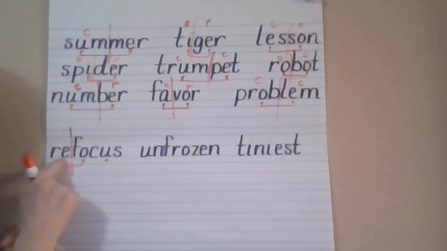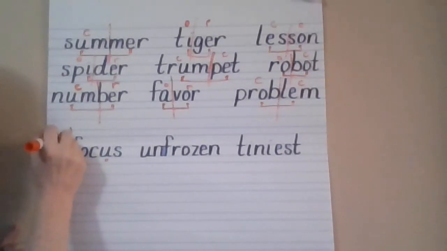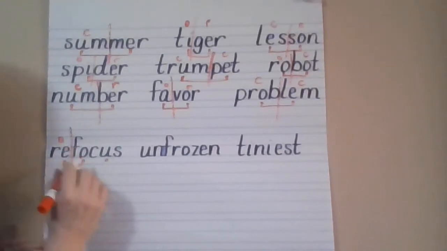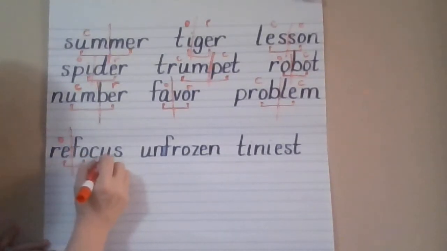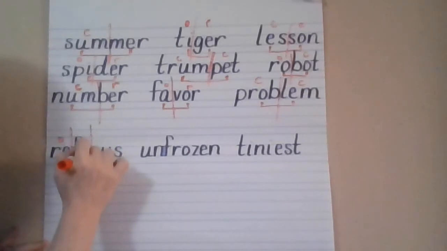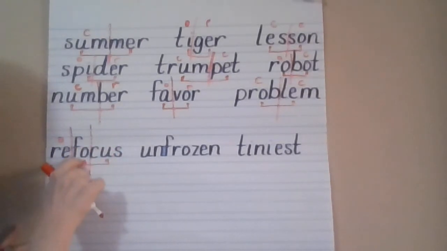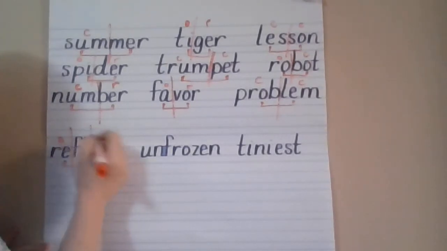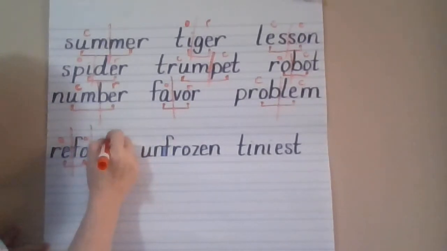What kind of syllable is this? Open. Good. Now I'm going to go from this vowel to this vowel. Again, I have only one letter on the bridge. I'm going to break it before. What kind of syllable is this? Open. And this one is closed.